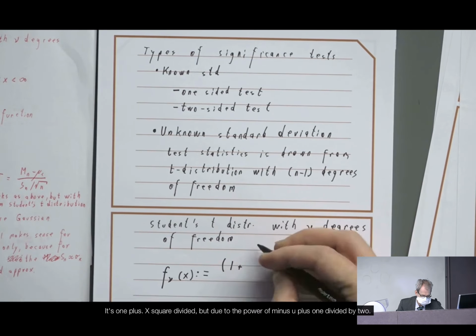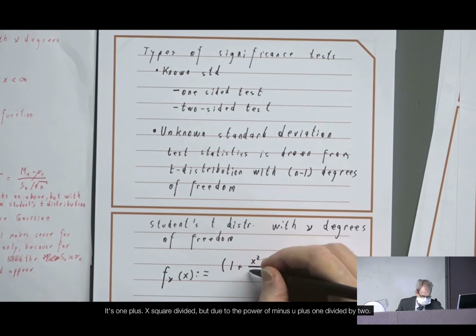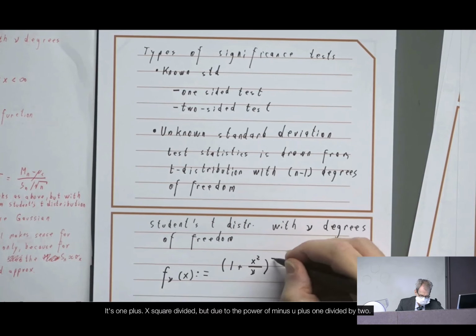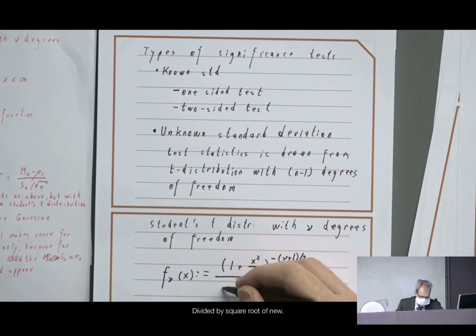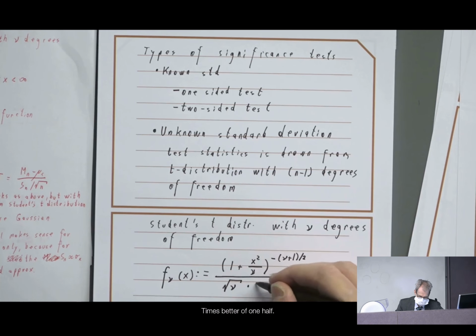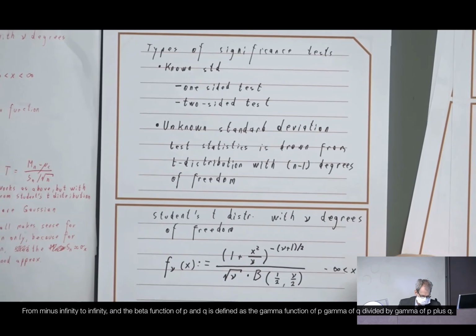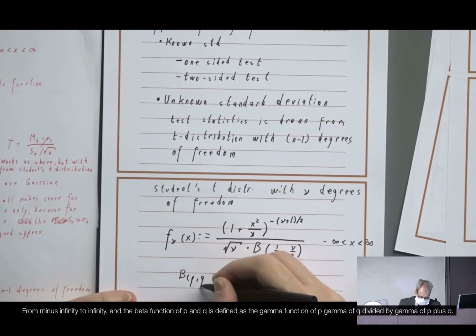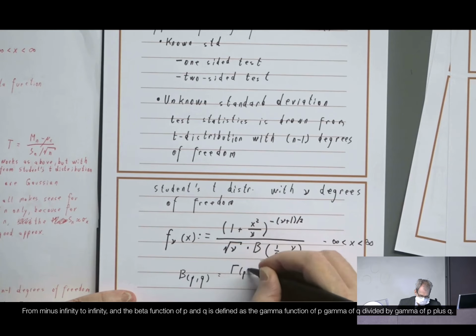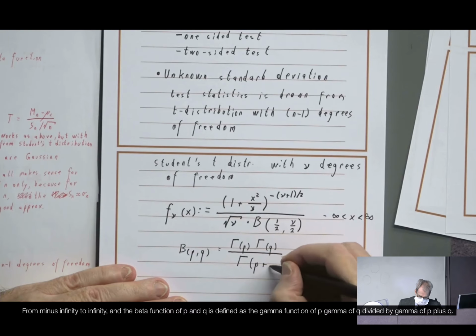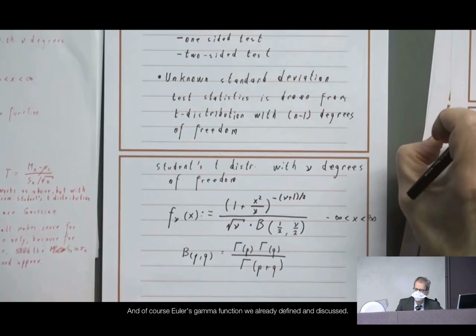It's 1 plus x squared divided by nu, to the power of minus (nu plus 1) divided by 2, divided by the square root of nu times beta of 1/2 nu, 1/2, for x from minus infinity to infinity. The beta function of p and q is defined as the gamma function of p times gamma of q divided by gamma of p plus q. And of course, Euler's gamma function we already defined and discussed.